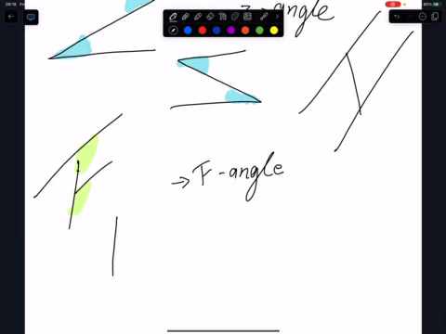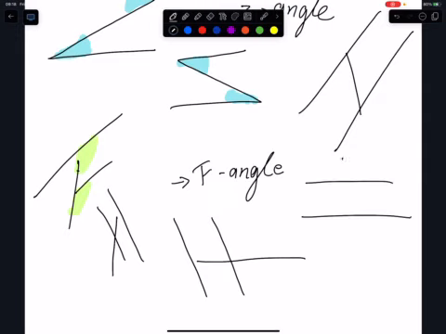An F can also be looking downwards. An F can be flat. An F can be the inverse. So, you can find different forms of Fs.